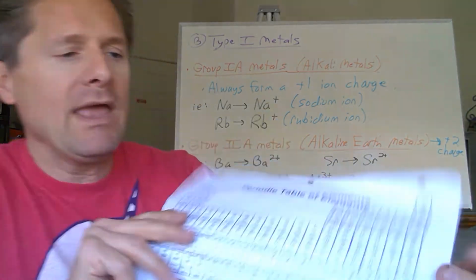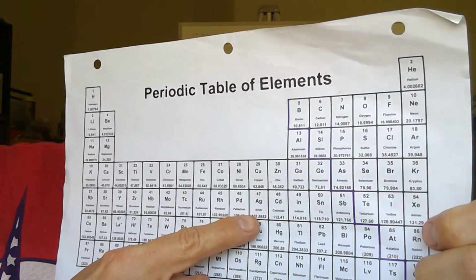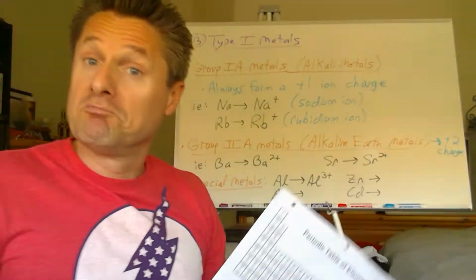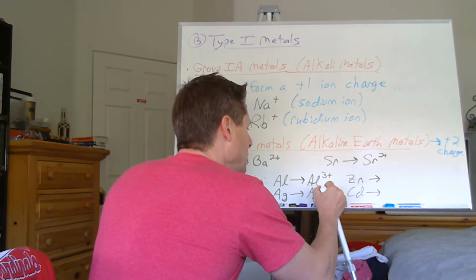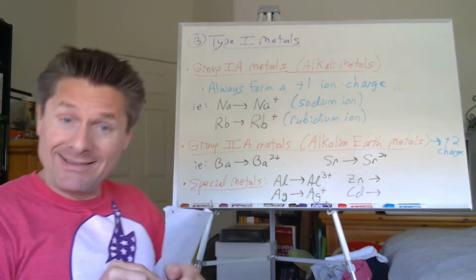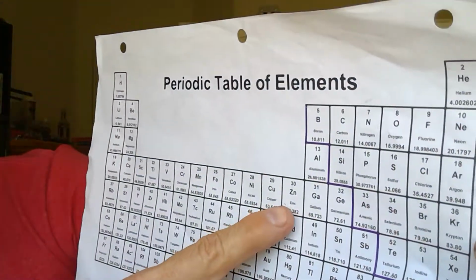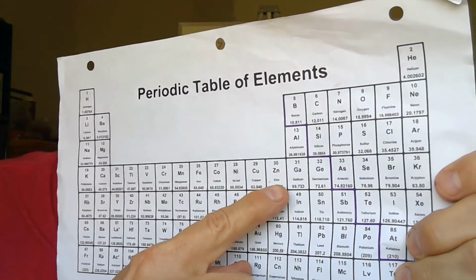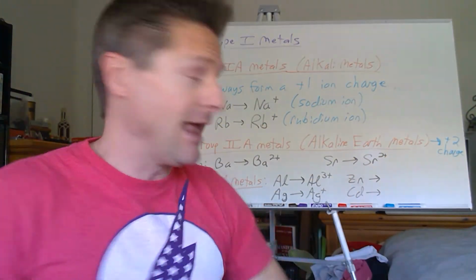Silver. No way we could predict at this point, but it turns out silver only forms a +1 charge. That's something you're just going to have to memorize. So silver is +1 or Ag+. Zinc and cadmium. So here's zinc, right on the end of the transition metals there, and cadmium. They only form a +2 charge naturally.